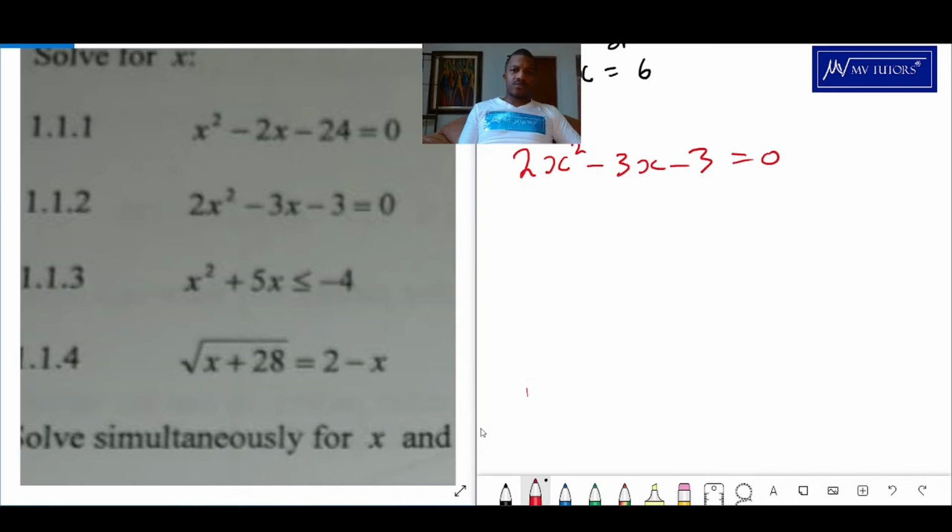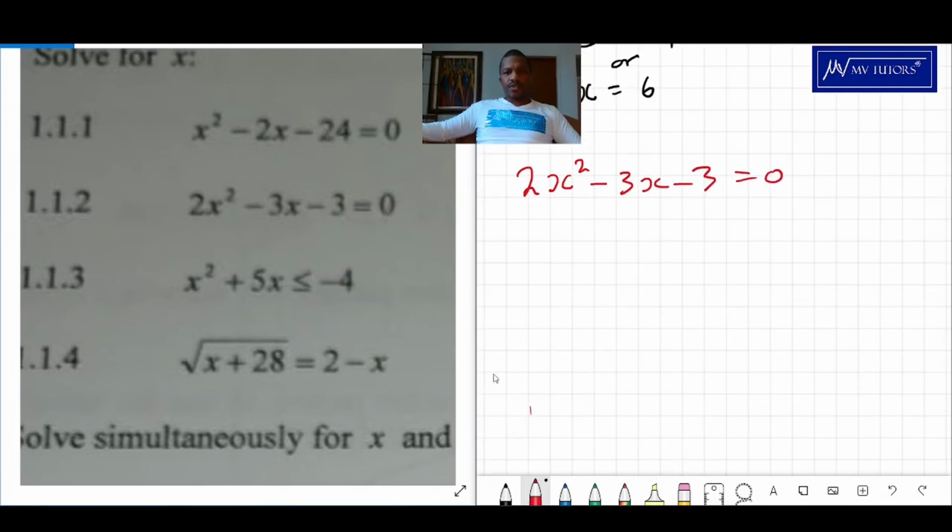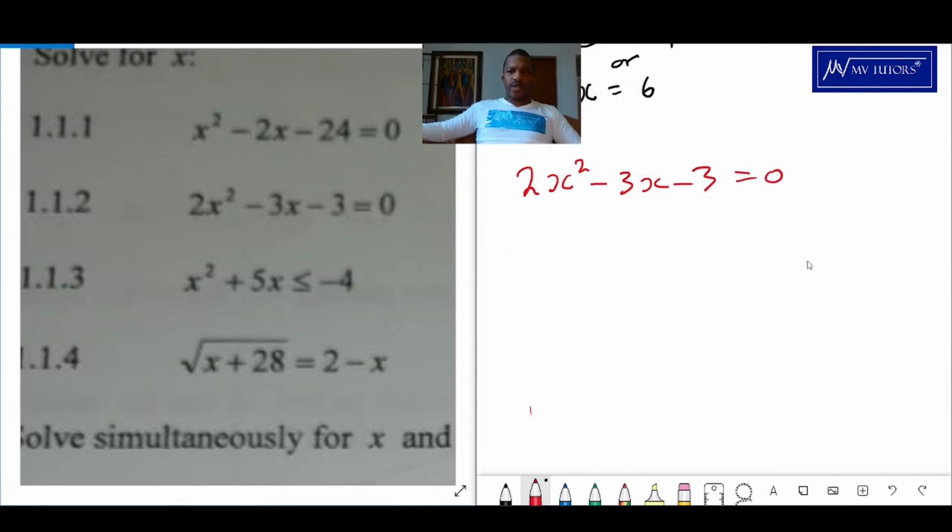Okay, so for this question, what I want to do is to use the quadratic formula, where that's A, that's B, and that's C.